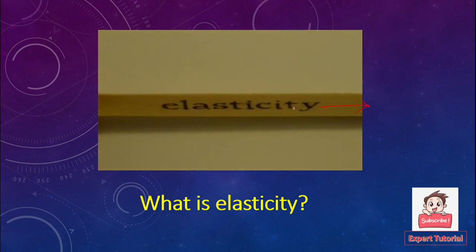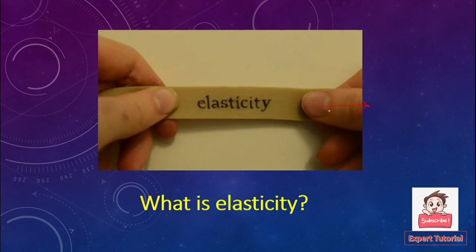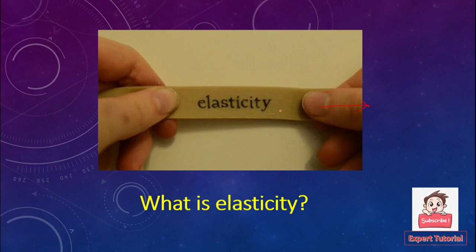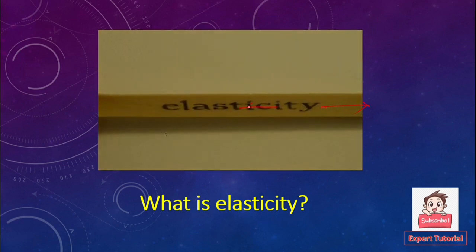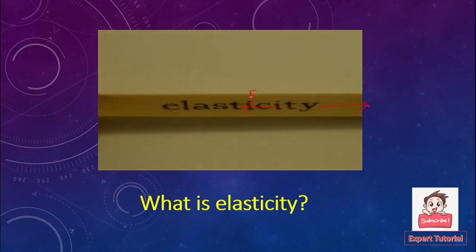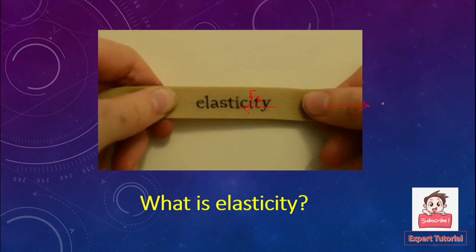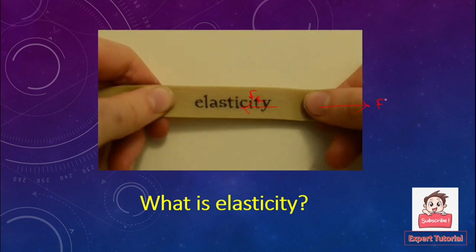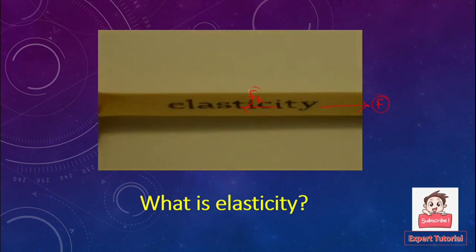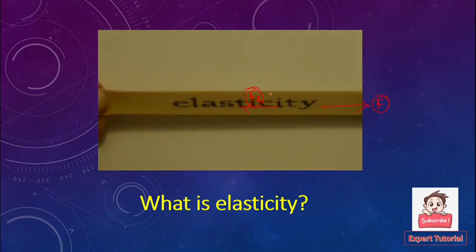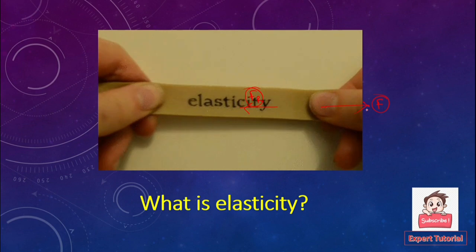And due to the stretching force, according to Newton's third law, there develops a force of reaction inside the material of the body. So this is the force of reaction and this is the applied external force. Due to this external force, a reaction force has arisen inside the body, and this force is equal to the applied force in most of the cases.